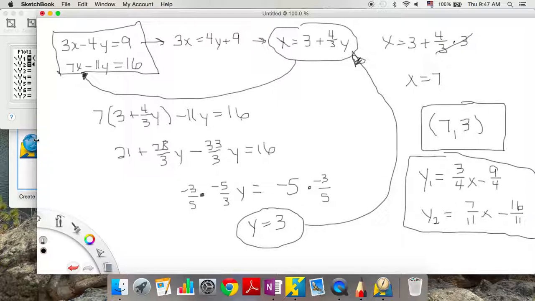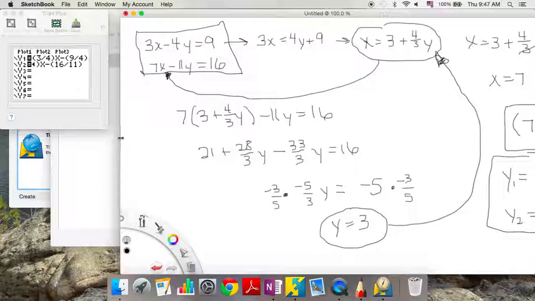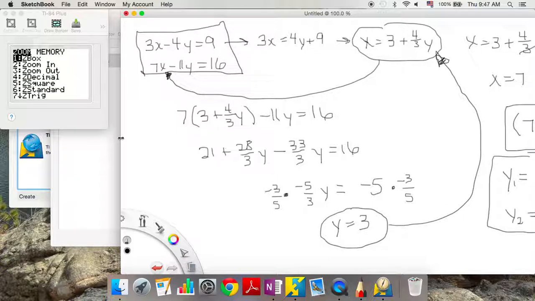Okay, so you should have in your calculator typed in these two equations. Now, once you have these two equations, we'll just put them in a standard window.